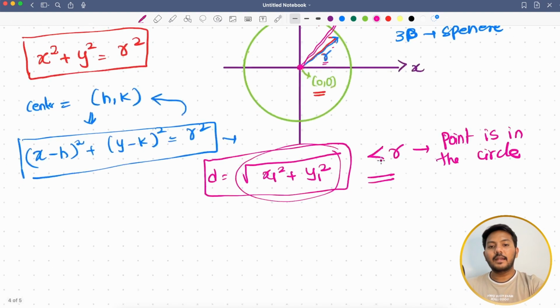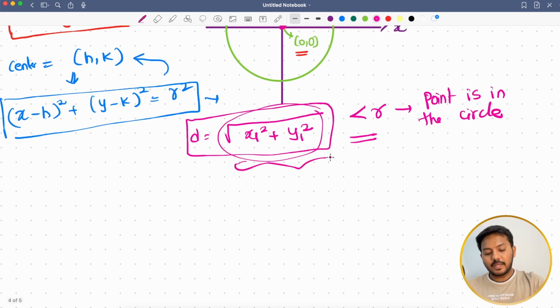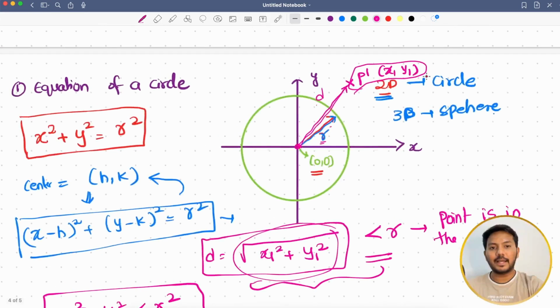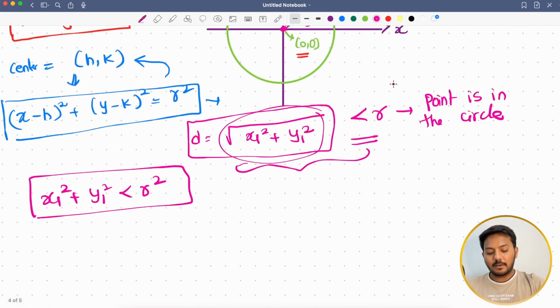Let me rephrase this: this would be x1 square plus y1 square less than r square. If this is the condition satisfied for a given point x1, y1, then the given point lies inside the circle.